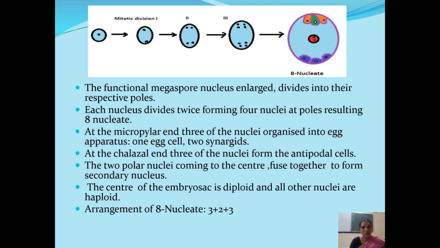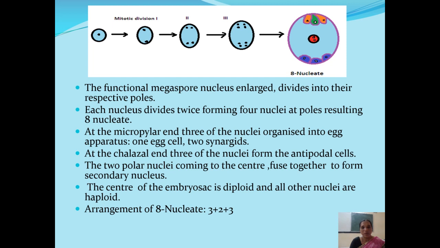At the micropylar end, 3 of the nuclei are organized into the egg apparatus. 2 are central nuclei. At the chalazal end, 3 are antipodals. The two polar nuclei fuse together at the center and form the secondary nucleus.